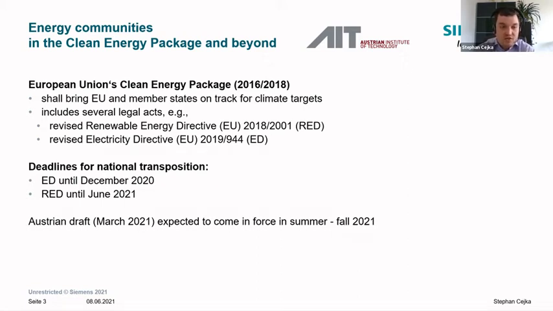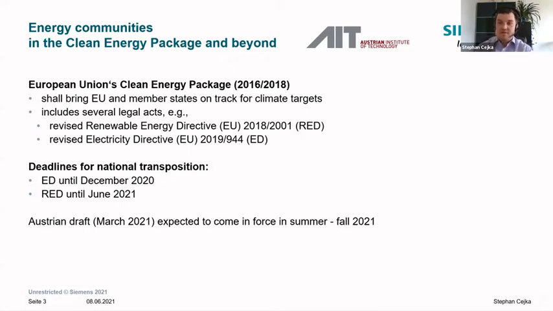This clean energy package consists of 8 legal acts, 4 of which are regulations and 4 of which are directives. For the scope of this article and this presentation, especially the Renewable Energy Directive and the Electricity Directive are of main relevance.